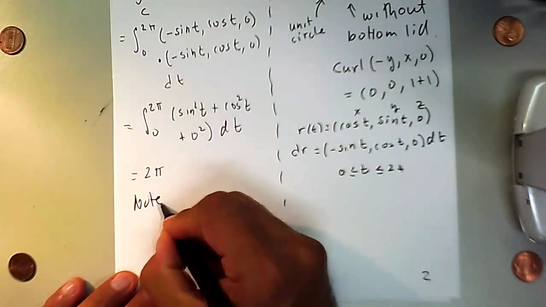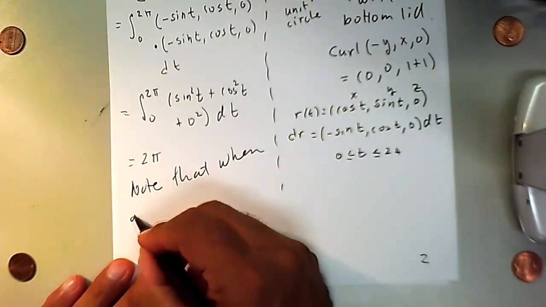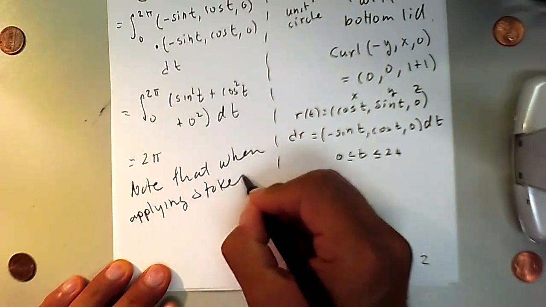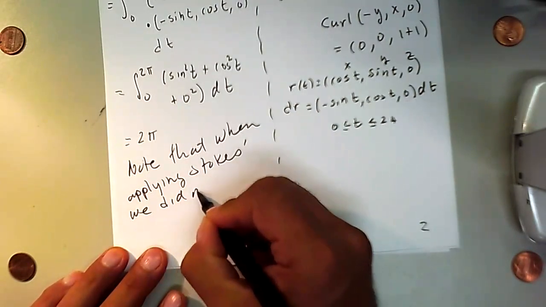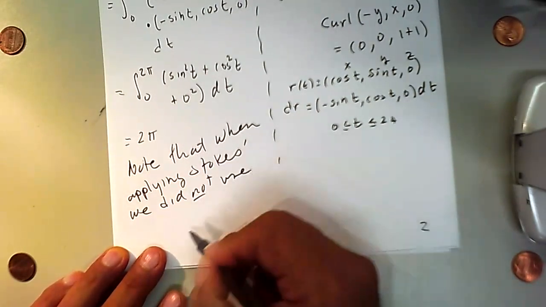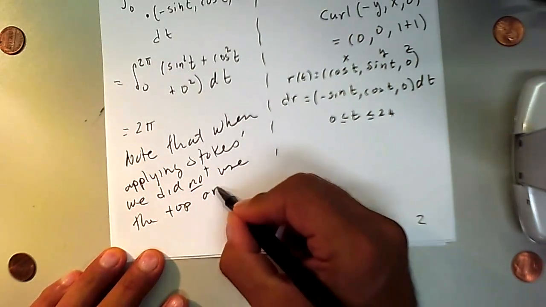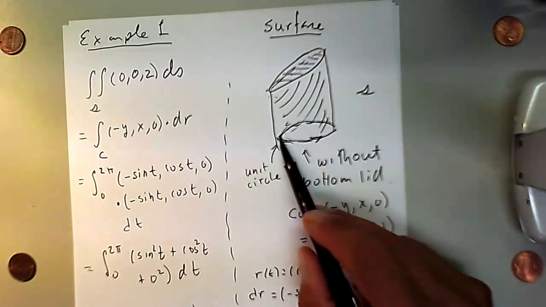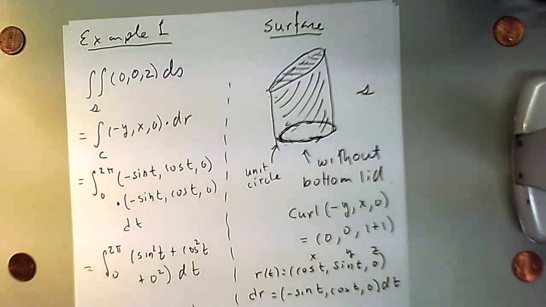So note that when applying Stokes, we did not use the top, or sides for that matter. All we needed was this boundary. That's all we needed.